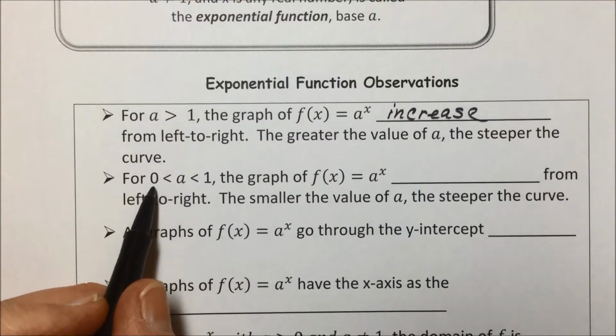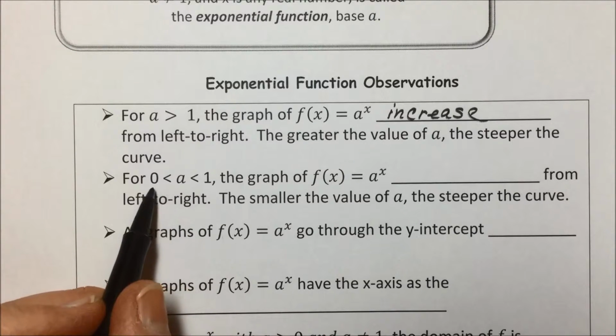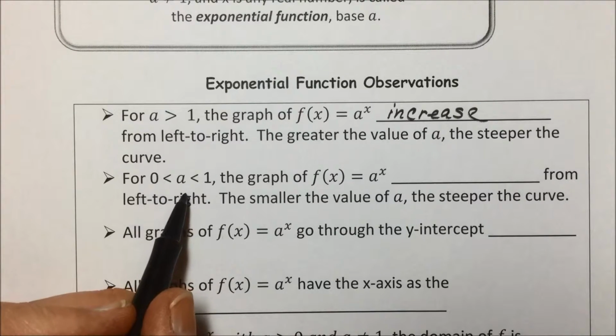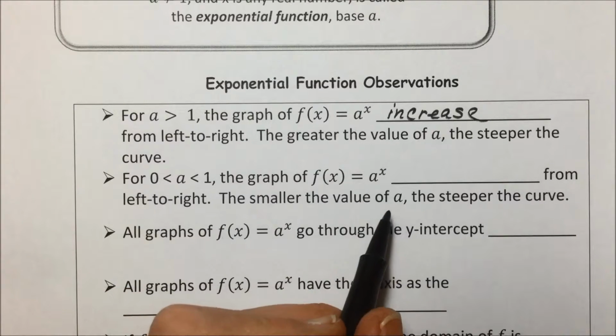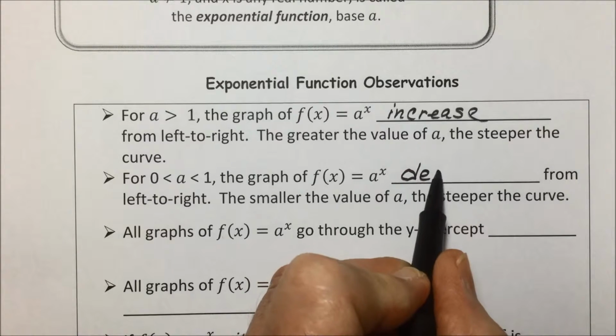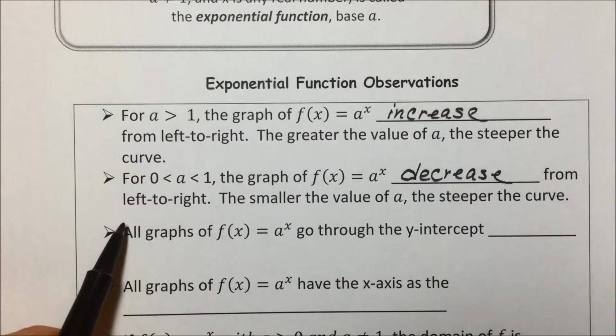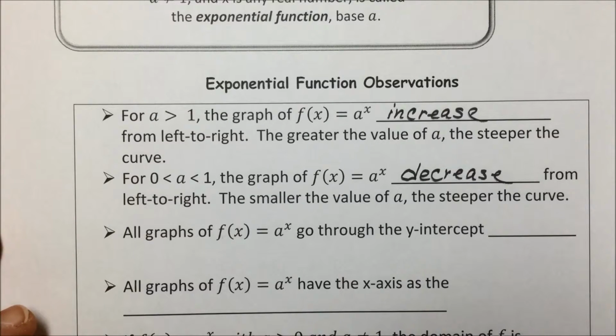If our a is between 0 and 1, in other words, a fraction between 0 and 1, the graph of f of x equal to a to the x will decrease from left to right. The smaller the value of a, the steeper the curve.